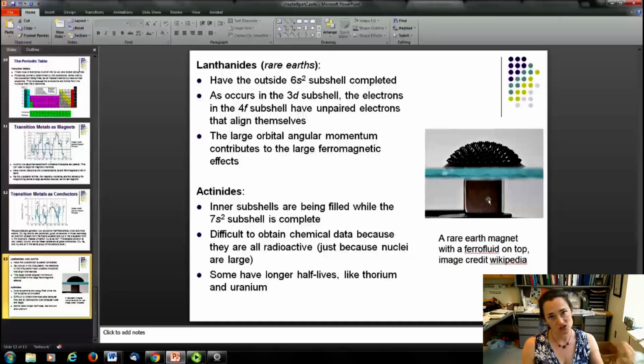The actinides are such large nuclei that a lot of them are radioactive. And so it's really difficult to say what the other properties of the elements might be because they don't stay themselves long enough to figure it out. There are a few that do have longer half-lives like thorium and uranium, but most of them have relatively short half-lives and so decay into something else before too long.